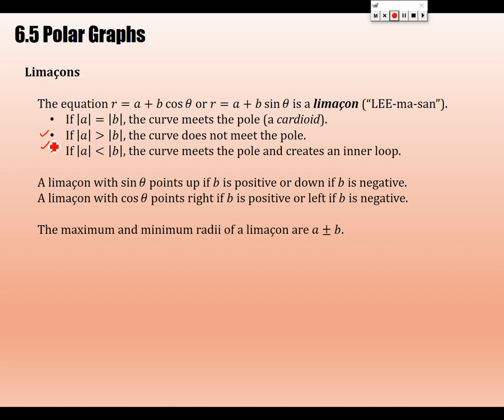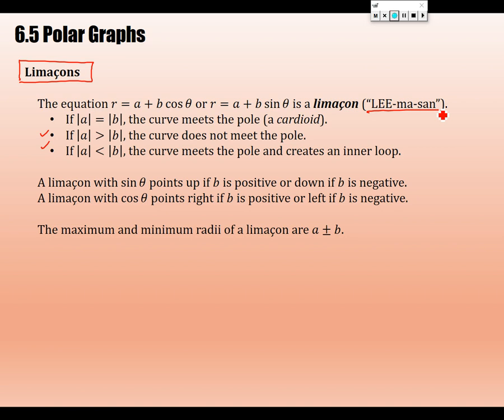Okay. What are these called? There's a pronunciation guide right here. Guys, it's French, so you have to say it with a little bit of French. Go ahead, Elizabeth.